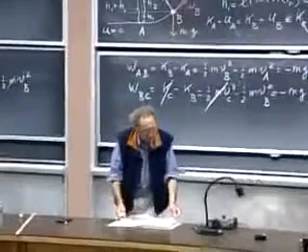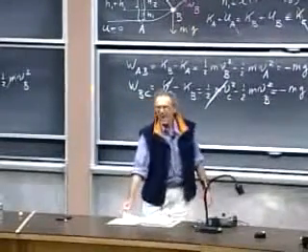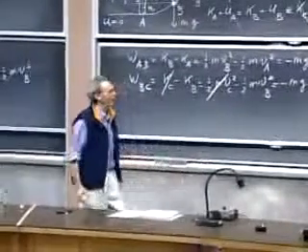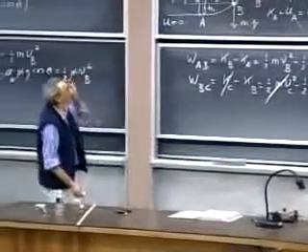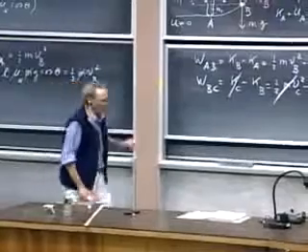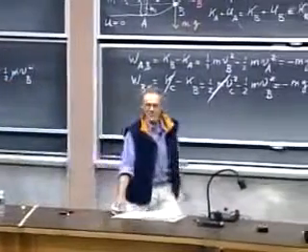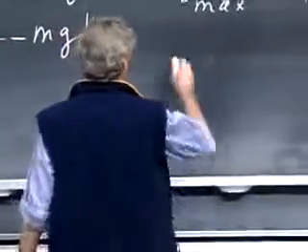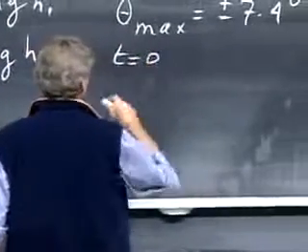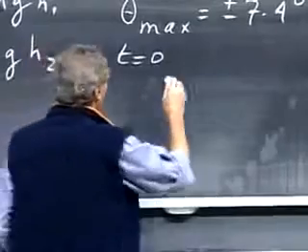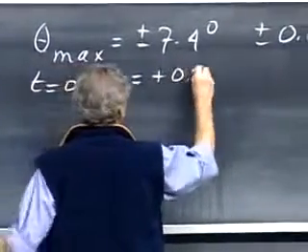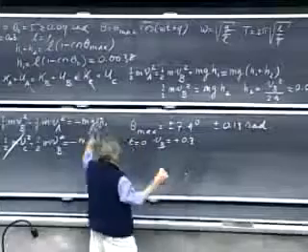And so now you can ask yourself the question, what is phi? Phi is always a bit of a pain in the neck, and there is really not all that much physics in phi. But I was sort of curious for these initial conditions what phi would be. And so let's just take a quick look at that. If we want to know what phi is, we have to look at the initial condition that at t equals 0, the velocity at point B is plus 0.3 in this direction.